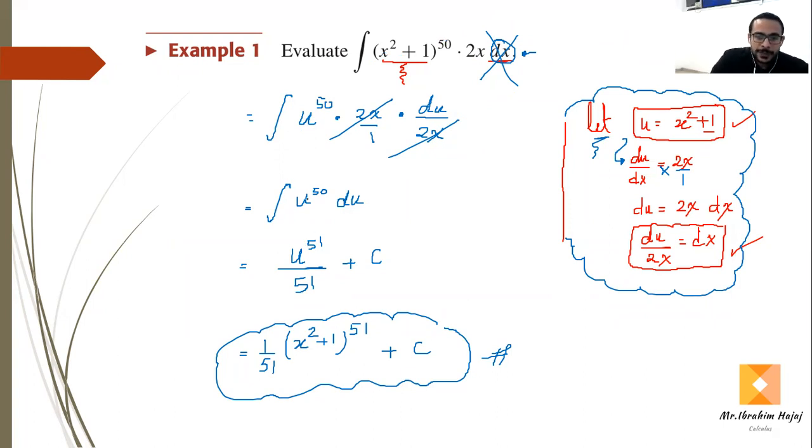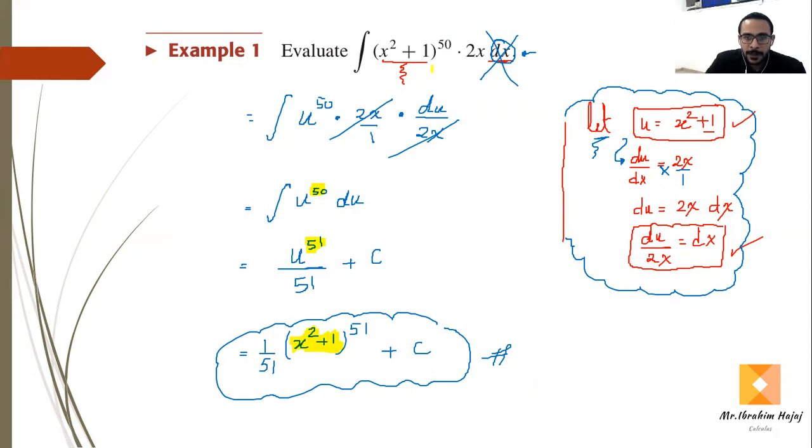And then add 1 to the exponent and divide by the new exponent. We add 1 to 50, it becomes 51, and divide by 51, the new exponent, and replace u again by its value, which is x squared plus 1 all to the power of 51 plus c. Any question? This is the first kind of questions we have in our lesson.